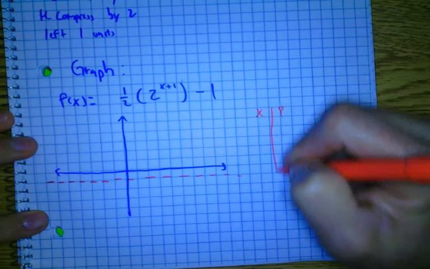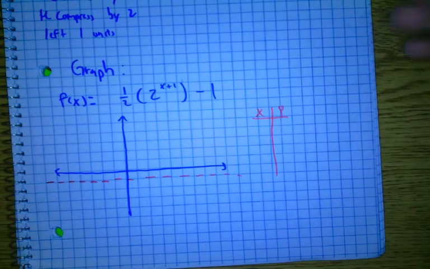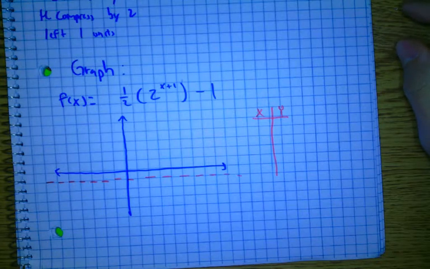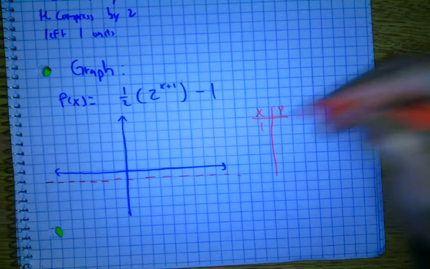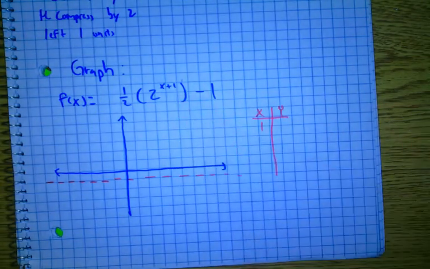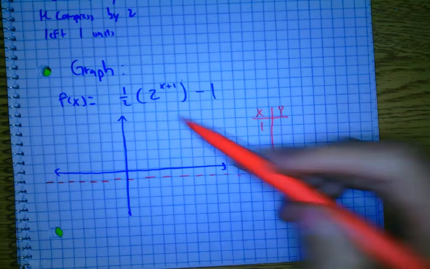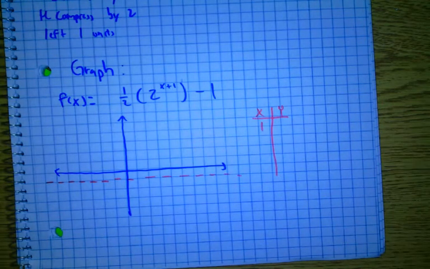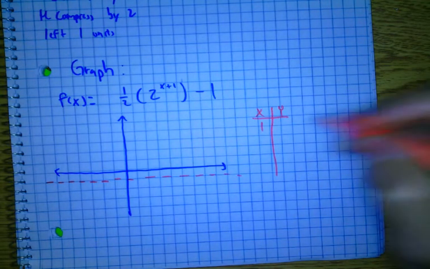And then I want you to think about what would be some good values to figure out, okay? So what would be a good x value to try? 1. Okay, so if you plug in 1, 1 plus 1 is 2. 2 to the power of 2 is 4. Times 1/2 minus 1. So that means that you have the point (1, 1). Are we okay with that? (1, 1). Okay.